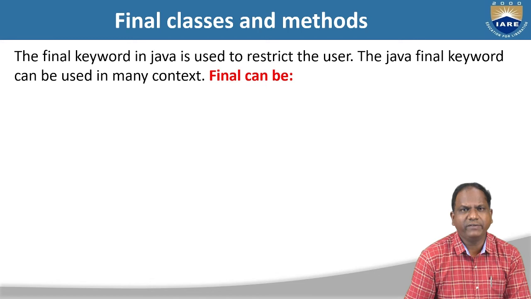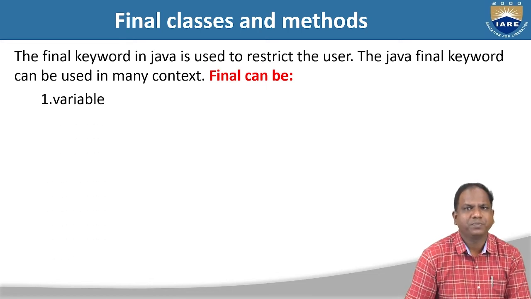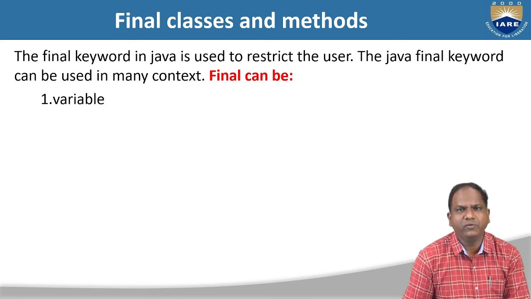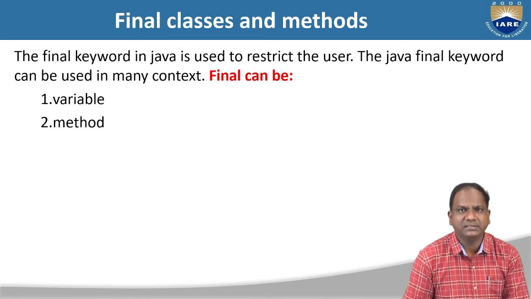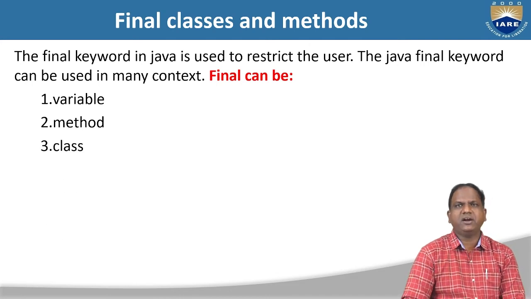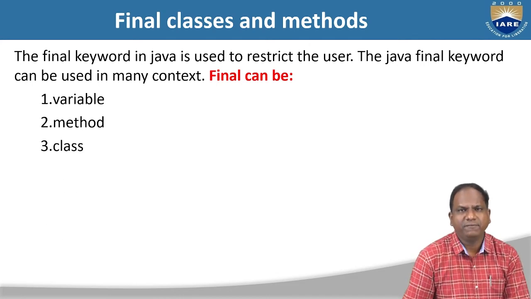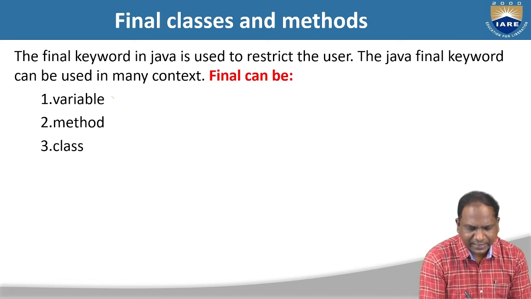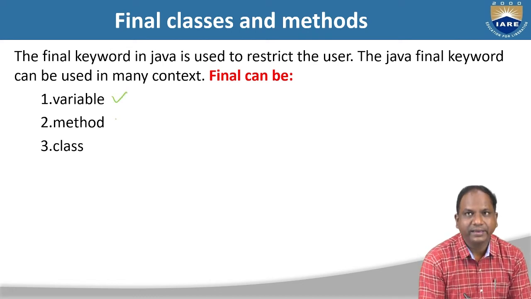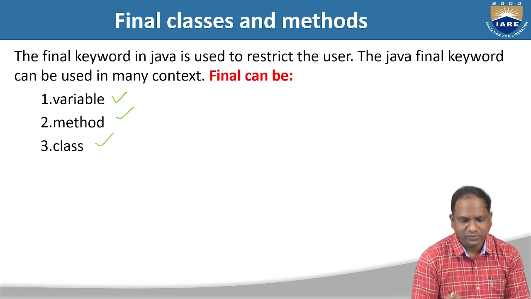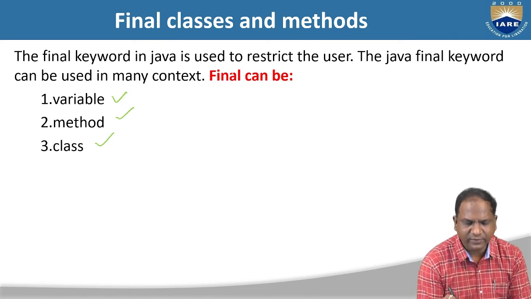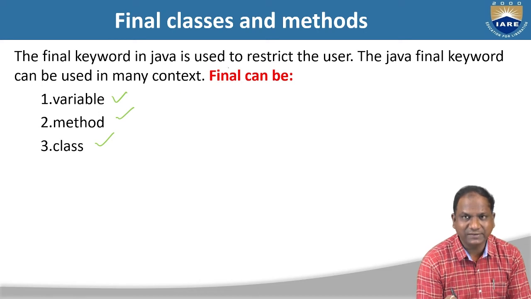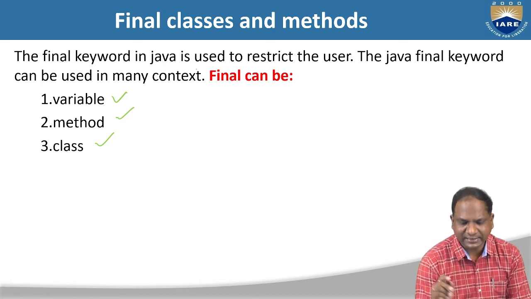You can make your variable a final variable, your method a final method, or your class a final class. So there are three contexts where you can use the final keyword: at variable level, at method level, and at class level. Individually, I will explain what happens when you declare your variable final, your method final, and your class final.